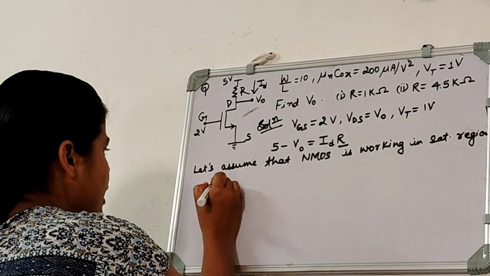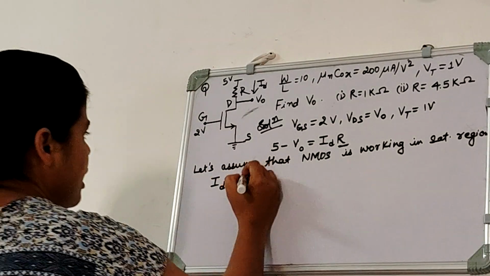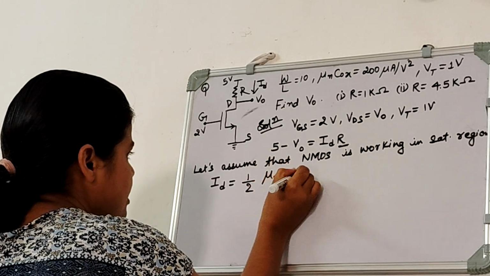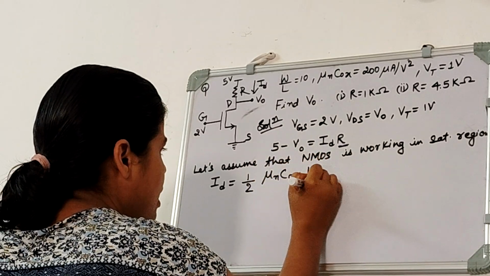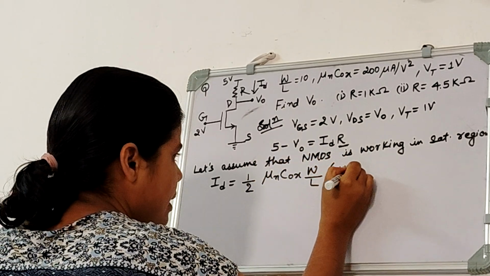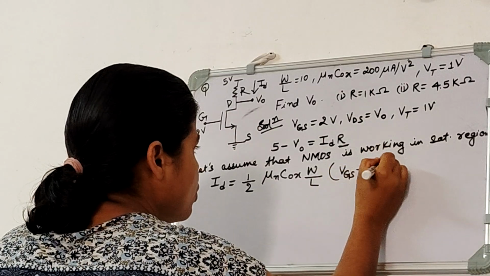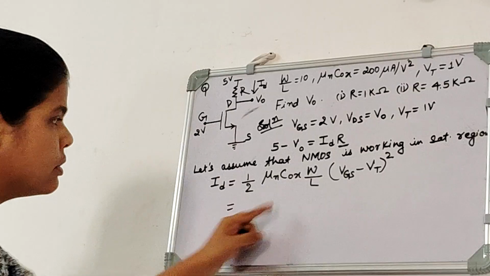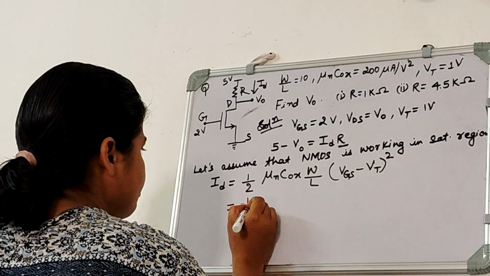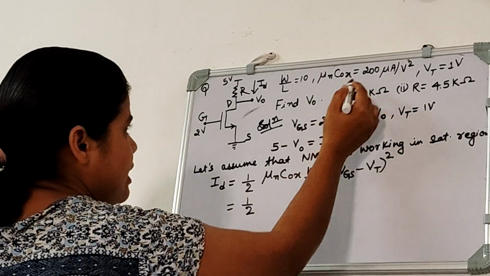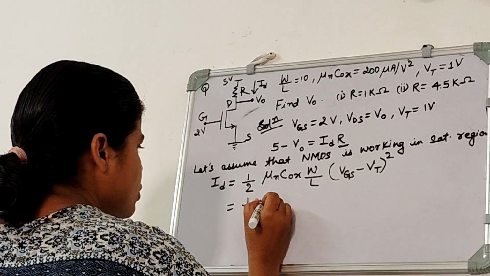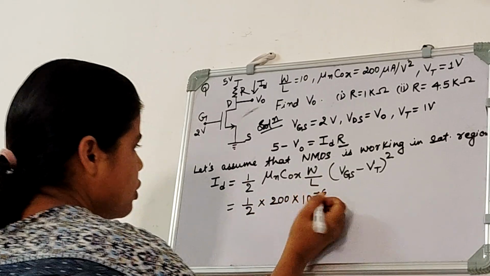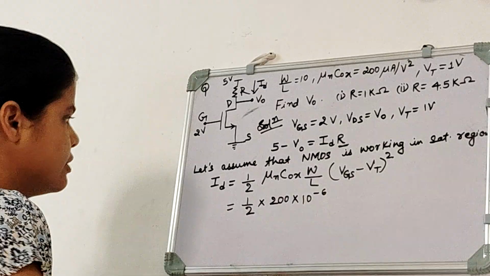So what will be the current equation? The current equation will be half into mu n COX W upon L into VGS minus VT whole square. So we will put the values. Half into mu n COX, which is given as 200 microampere, so here we will write 200 into 10 raised to power minus 6, because micro means 10 raised to power minus 6.